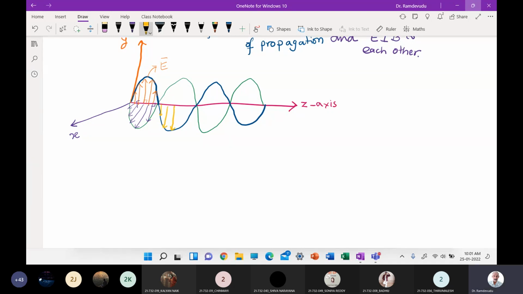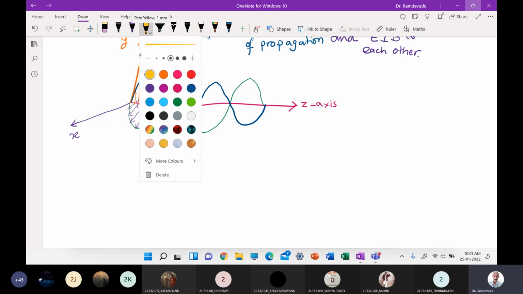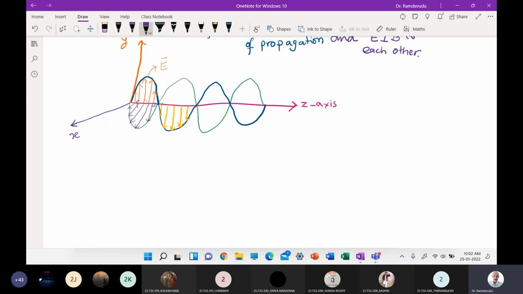They are parallel to the y-axis, but negative y-axis. Therefore, they are still perpendicular to the z-axis. And in the case of the E vector, the B vectors are again perpendicular to it, something like this, but they are again along the negative x-axis.